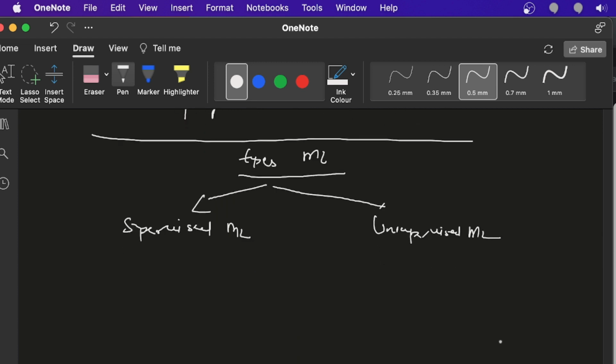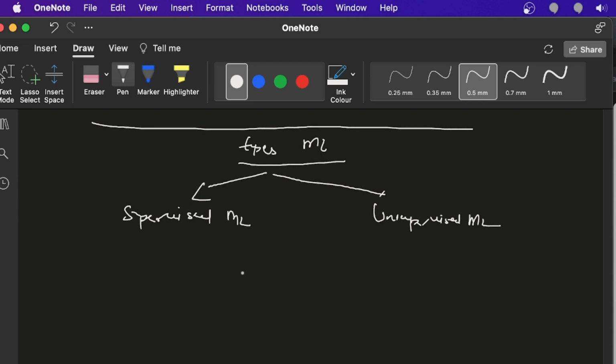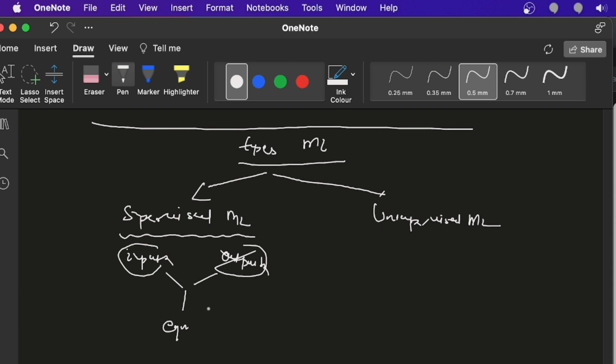In supervised learning, you have an input and an output given. You have to create a model, equation or program using this input and output, where we find some relation, so that you can make an equation to predict it.